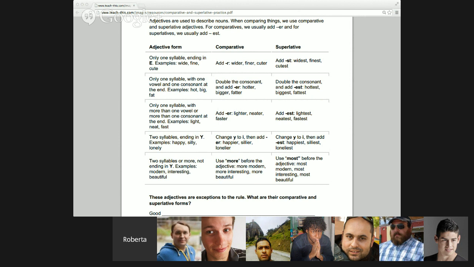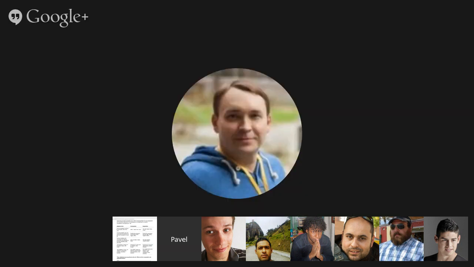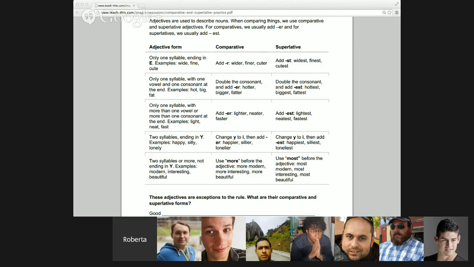Now, if we're comparing the weather in Russia to the weather in Thailand and in Malaysia, is the weather in Malaysia kind of hot too? Yes, I think the weather in Malaysia is the same as Thailand. Yeah, the two countries are close to each other, right?